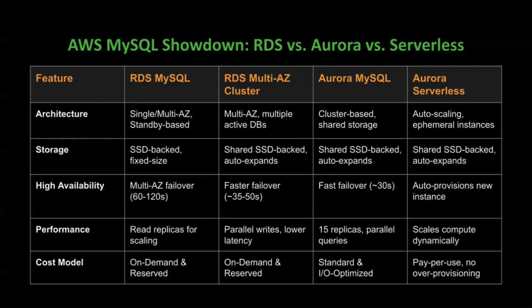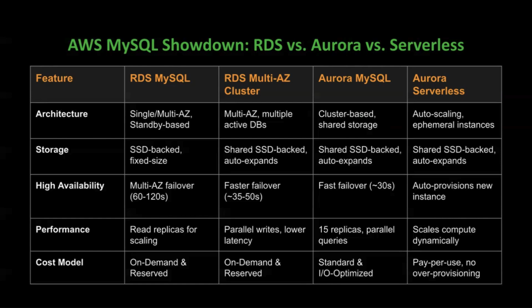On the other hand, Aurora MySQL offers better performance and durability with parallel query execution, auto scaling storage, and up to 15 read replicas. So it's the best choice for performance and scalable applications.